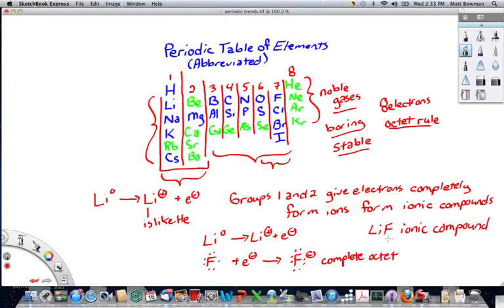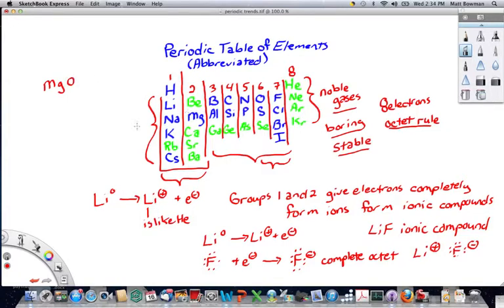Where the lithium has given up its electron completely to the fluorine. And so another way of writing lithium fluoride is lithium plus F minus. Other examples of ionic compounds: magnesium oxide.